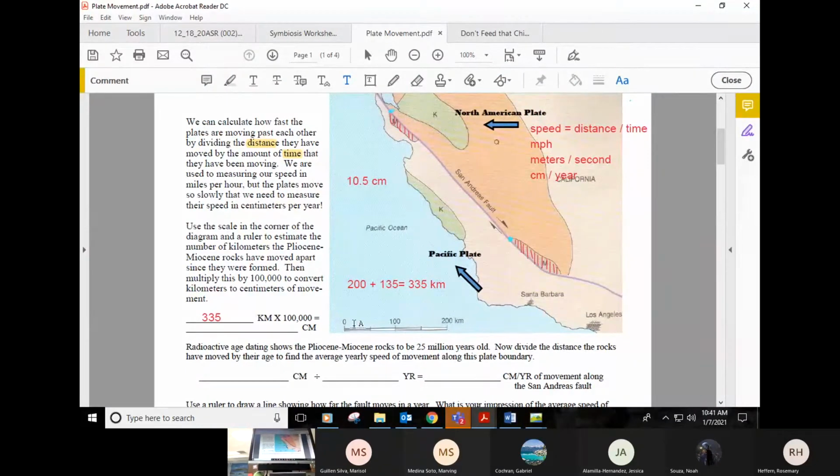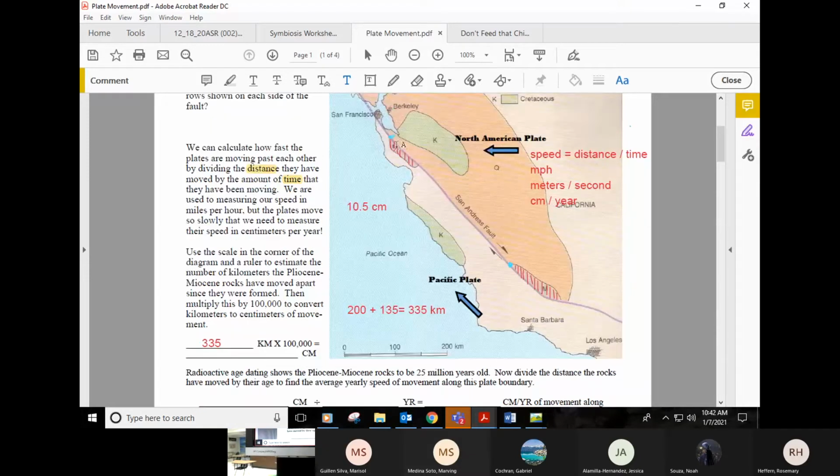Then using the distance scale down here, the scale in kilometers, I figured out that that was 335 kilometers between these two places. And that sounds about right to me. To go from south of San Francisco to drive along Highway 5, not as far as Santa Barbara even, that sounds like about 335 kilometers, 250 miles. It sounds about right.